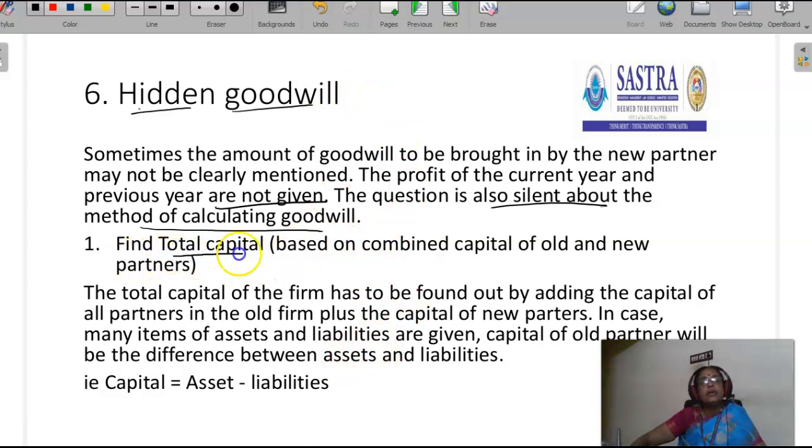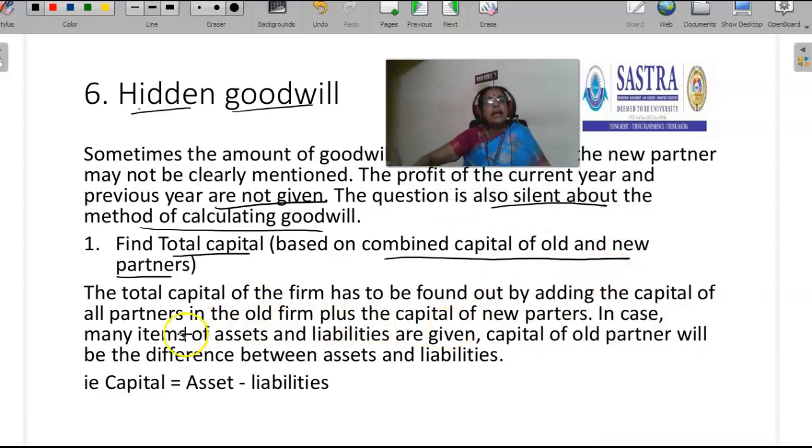First, find the total capital based on combined capital of old and new partners. The total capital of the firm has to be found out by adding the capital of all the partners in the old firm plus the capital of the new partners. In case many items of assets and liabilities are given, capital of new partner will be the difference between assets and liabilities.